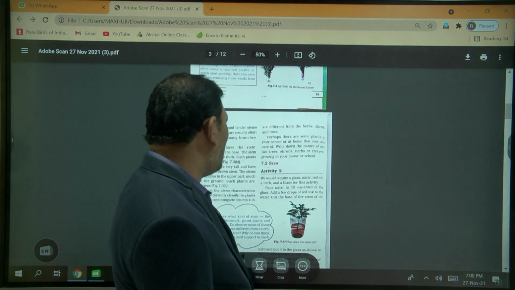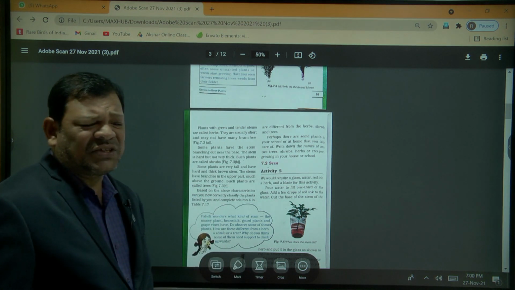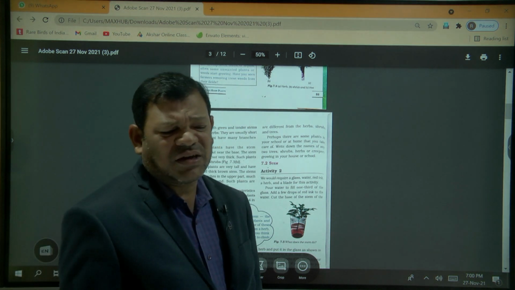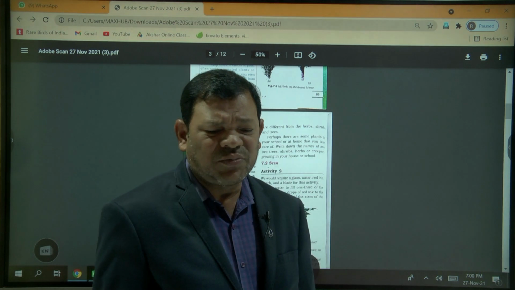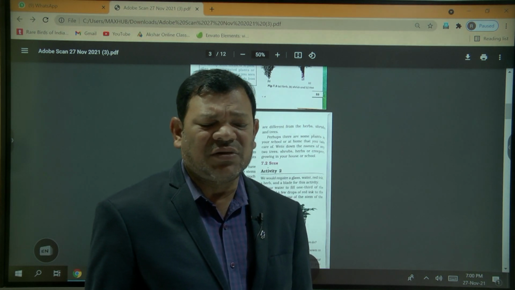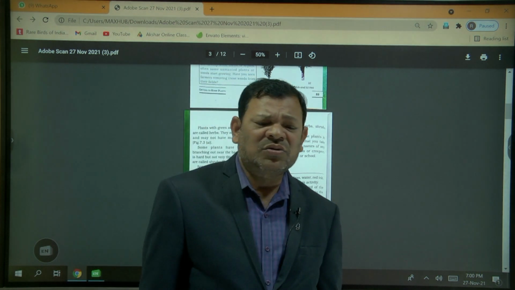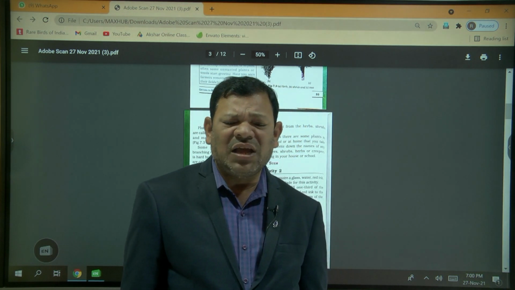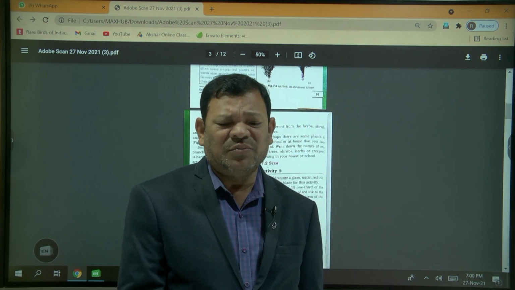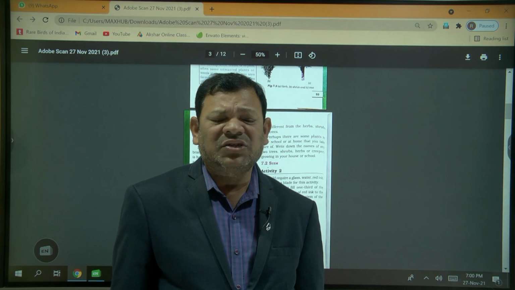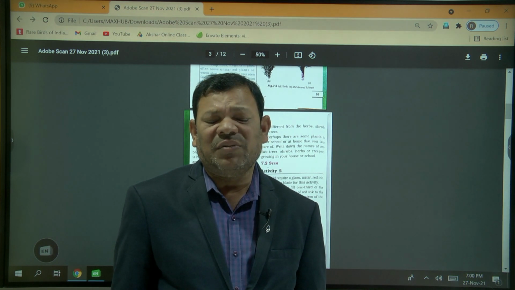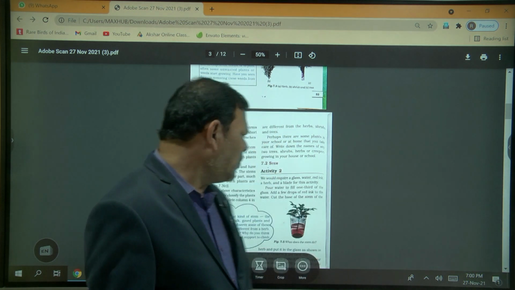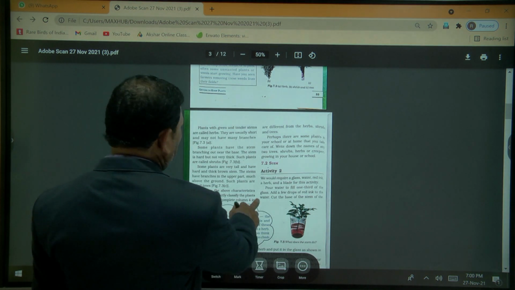Now, actually the first important part of plants is the roots. Roots absorb water and minerals from the soil. Roots go firmly into the soil and absorb water and minerals, which are distributed to the different parts of the plant body. The next important part is the stem.